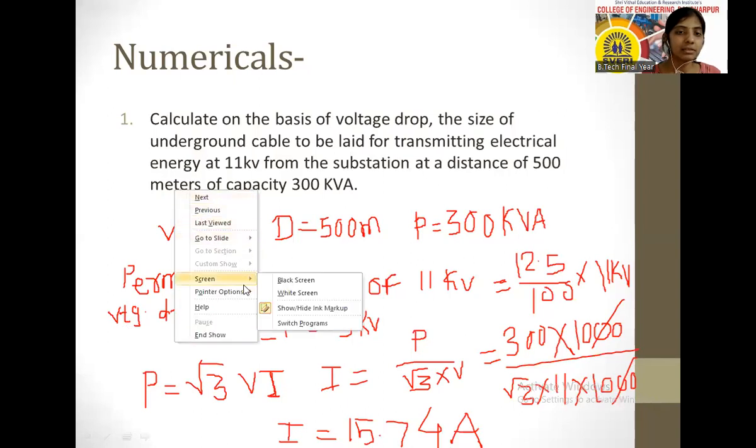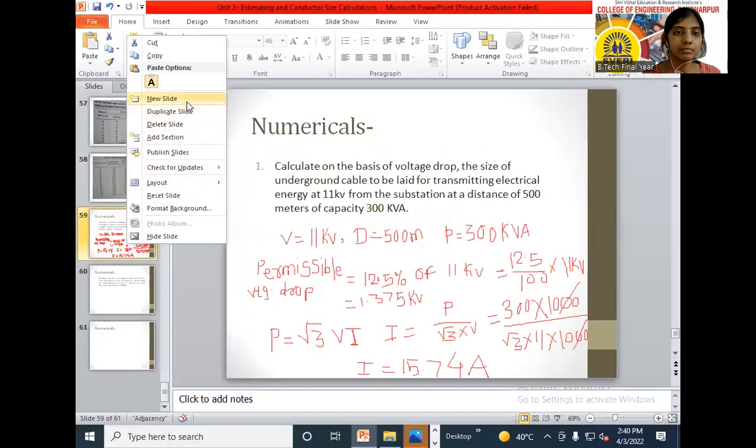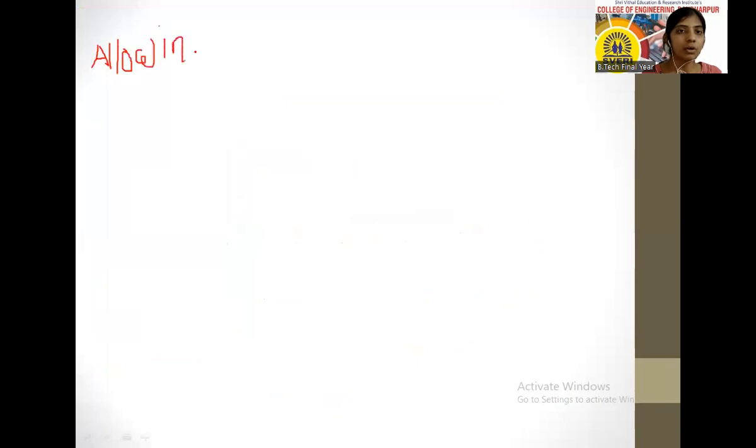So, allowing overload of 20%. Just ignore my handwriting.